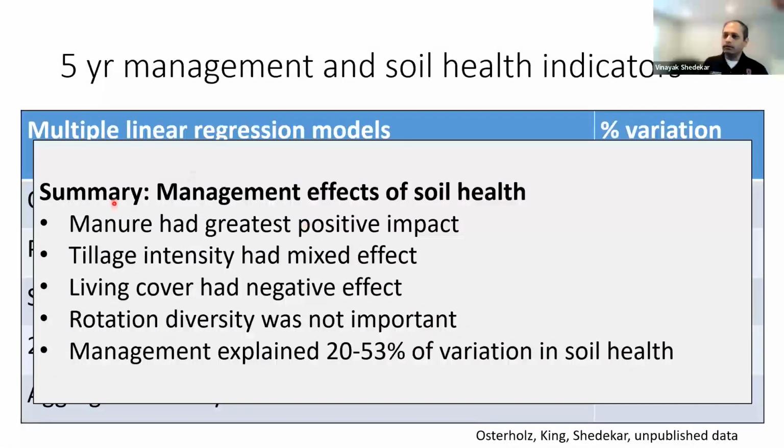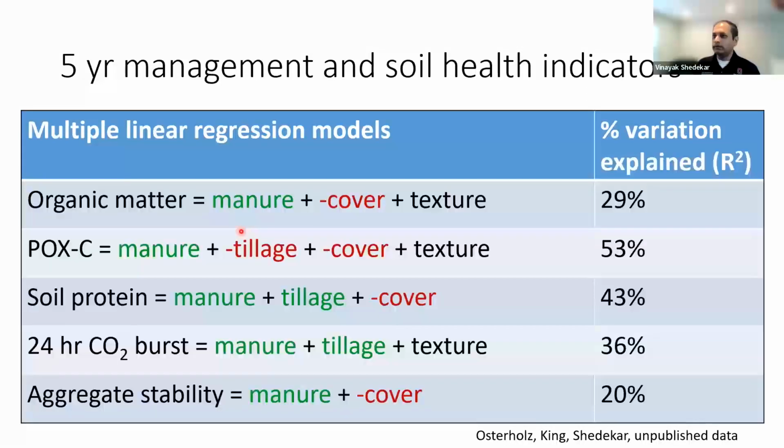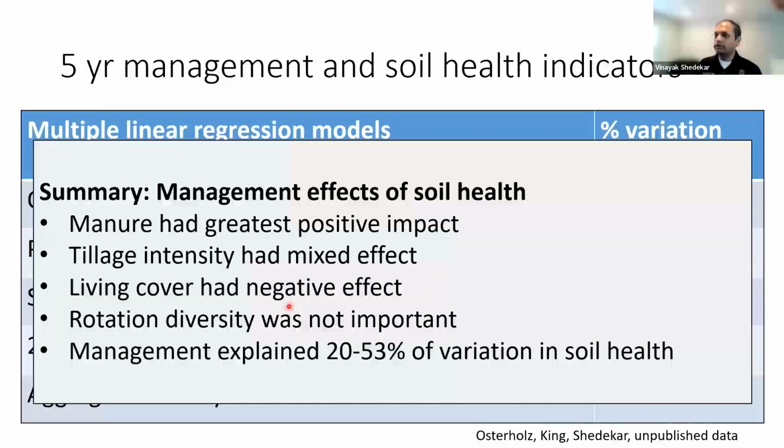The summary of all of the analysis behind this is that manure had the greatest positive impact on the soil health indicators. As you can see, every place that you see the green, that's where those factors are playing a major role.